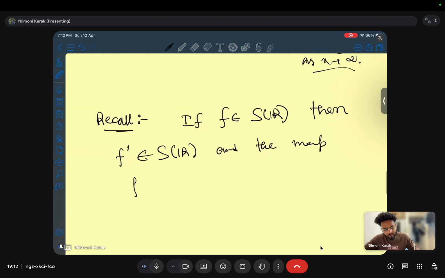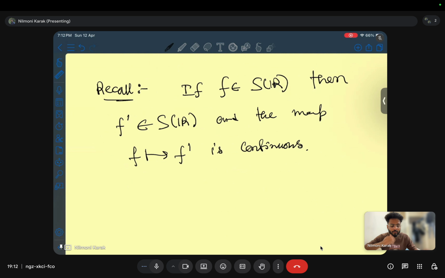This is trivial actually. But f should be in S(R).